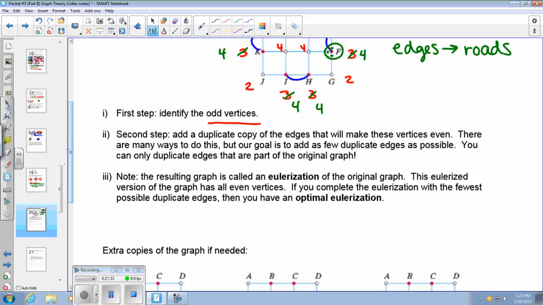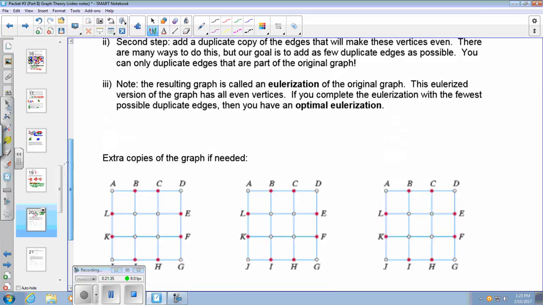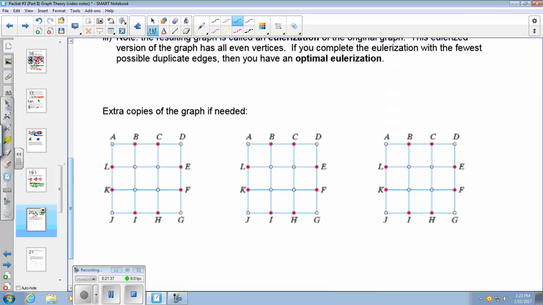All right, so there are extra copies of this graph below, so if you want to try it out on your own, you can. But I'm going to use the one on the left to show you an Eulerization that's not optimal. So I'm going to put not optimal. All right, so remember that B and C, E and F, H and I, and K and L were all your odd degree vertices. So here would be an example of an Eulerization that's not optimal.